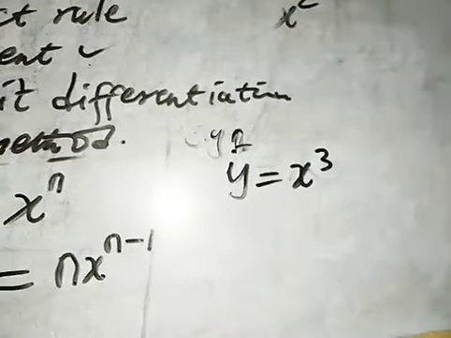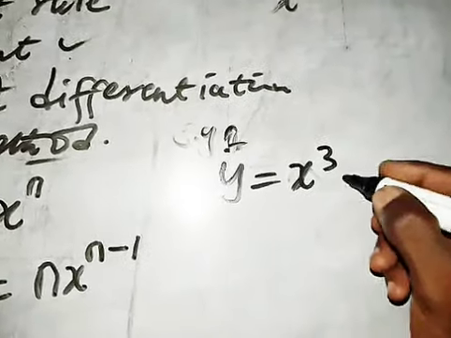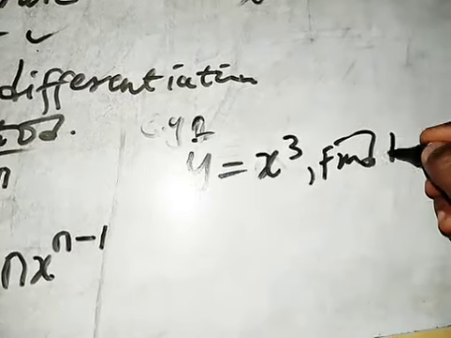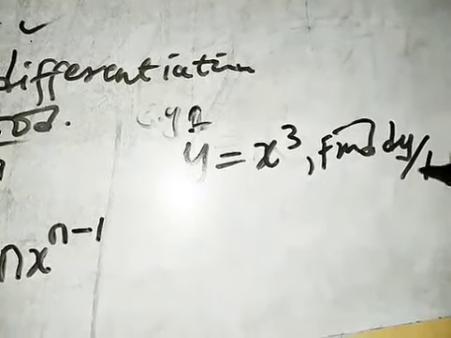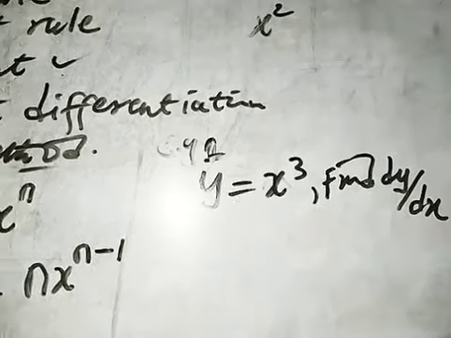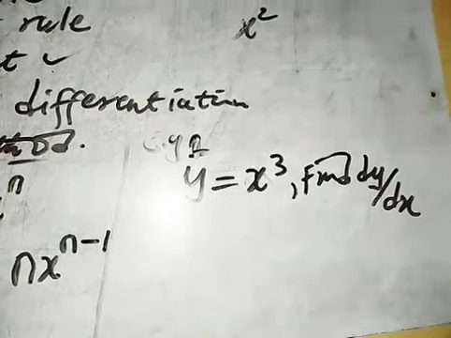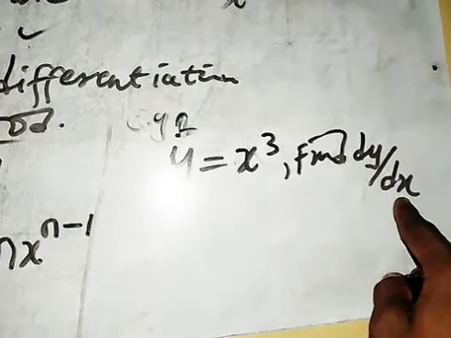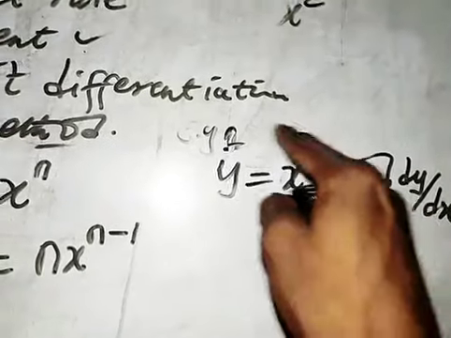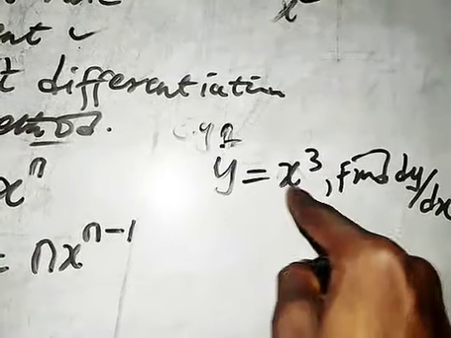Now, the equation says find dy/dx. In every equation on differentiation, they must give you what to find. So find dy/dx is what we are looking for. They will give you an equation like this: y equal to x power 3.